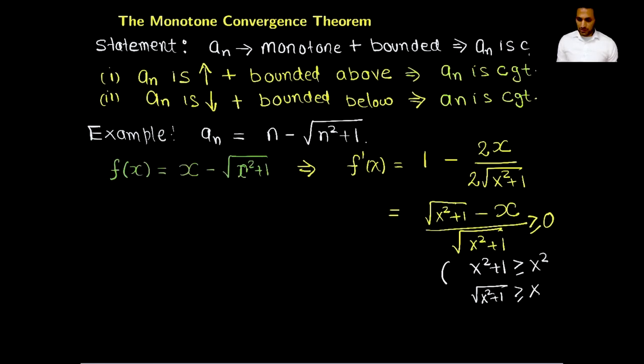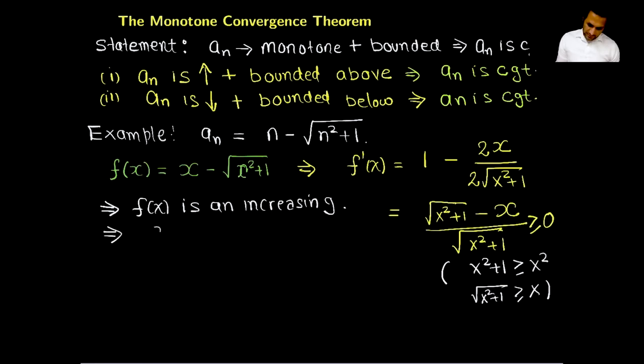So this implies the denominator is always positive, and the derivative will always be greater than or equal to 0. So this implies this function f of x is an increasing function. If this function is increasing, this implies this sequence an is monotone increasing, or in other words, just monotone.